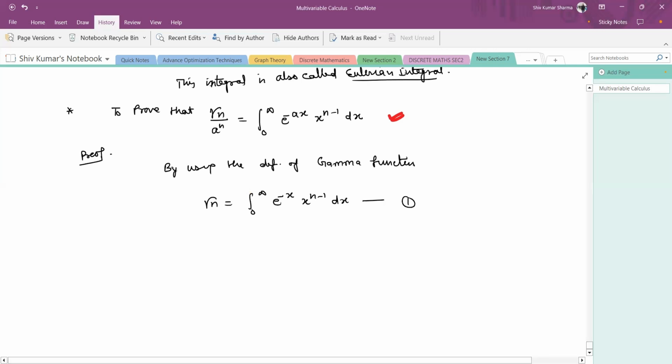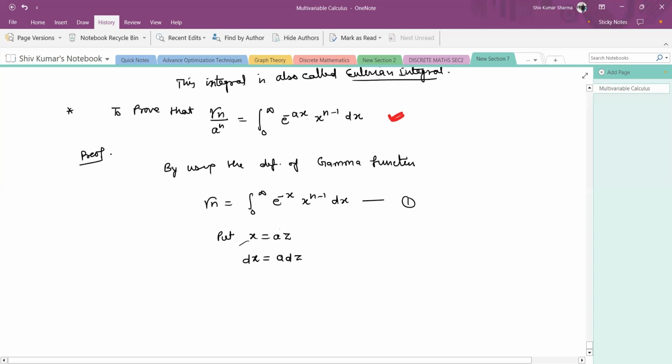This is our equation 1. We want to prove this, so we put x equal to az. When we differentiate this, we write a into dz.